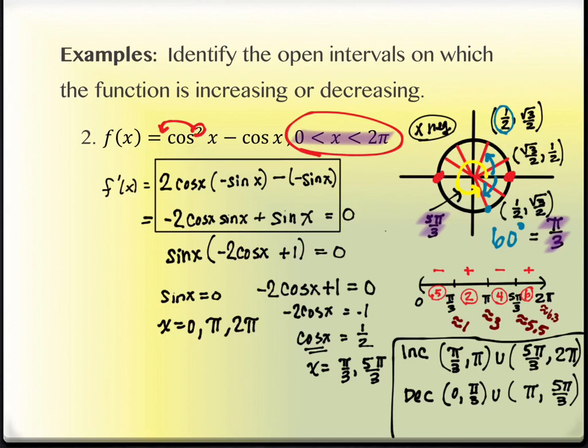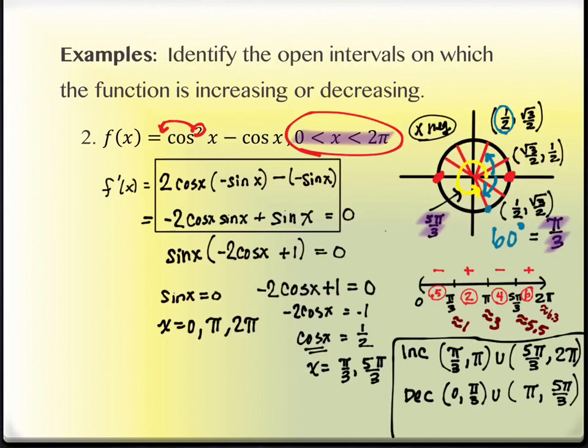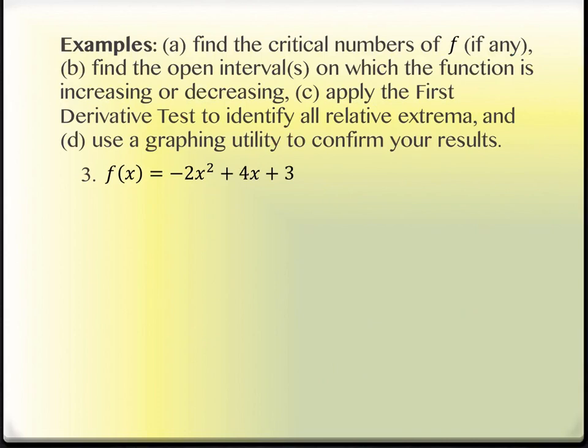Okay, our directions are going to get a bit more involved with our next sets. We're actually going to be finding those maxes and mins. All right, so it wants us to find the critical numbers.